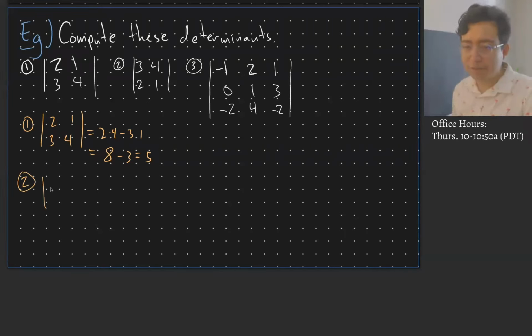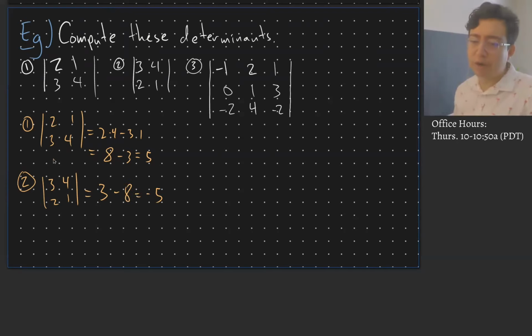It's a very similar matrix: 3, 4, 2, 1. Notice what we did is we switched the rows here. So we flipped these 2 rows. Let's see what that does to the determinant. Well, now the main diagonal gives us 3. The off diagonal gives us 8. And so now we get -5.